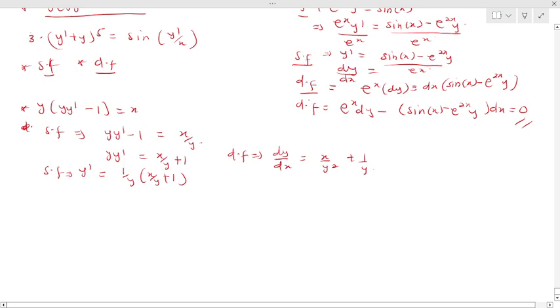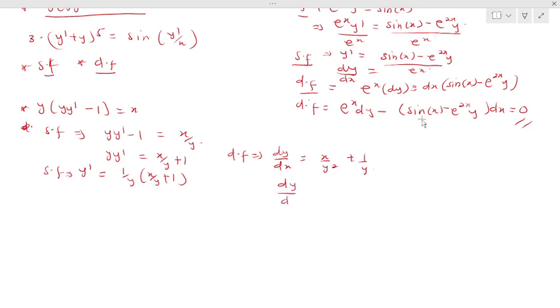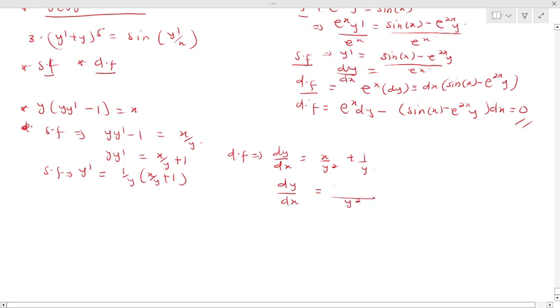But before I cross multiply, we can do some simple simplification here, because the denominator here is not quite simplified. So I'll have dy over dx equal to, my LCM is y squared, so I'll have x plus y goes here, y squared like this, right? So now it's simplified.